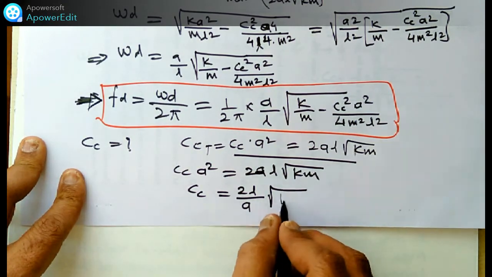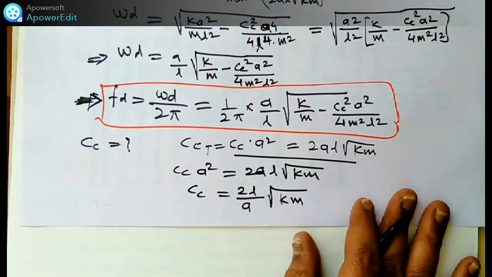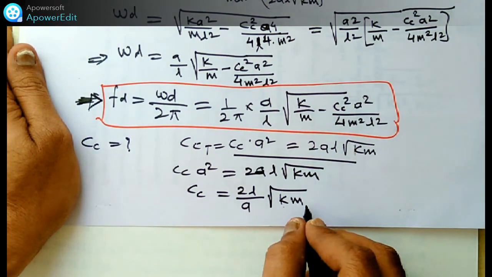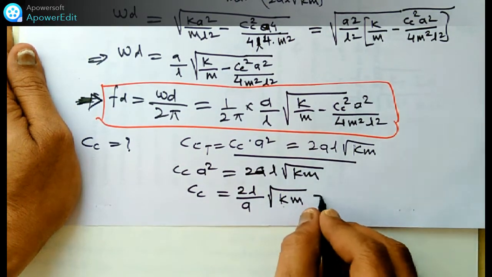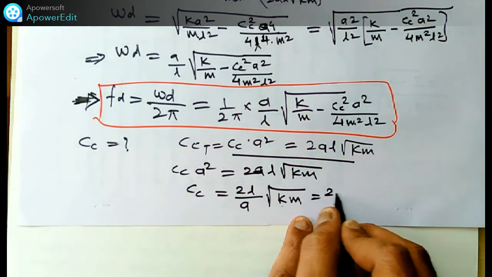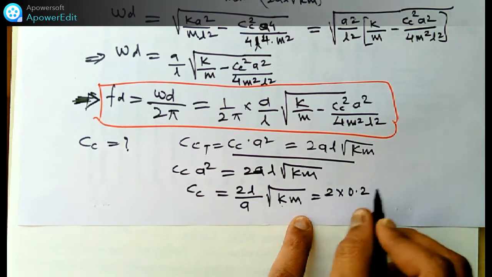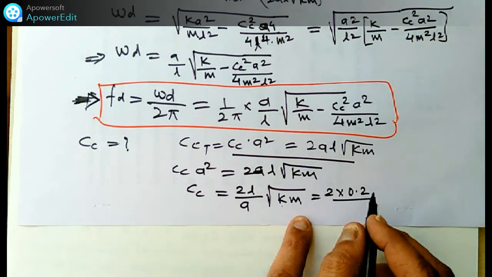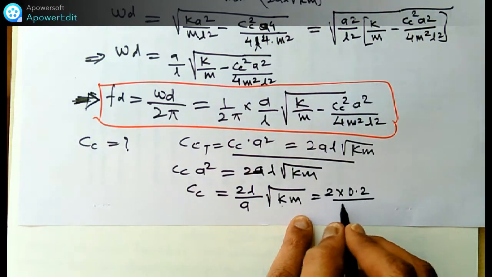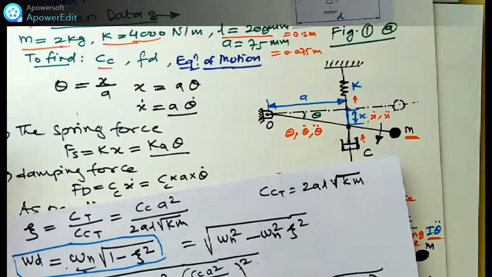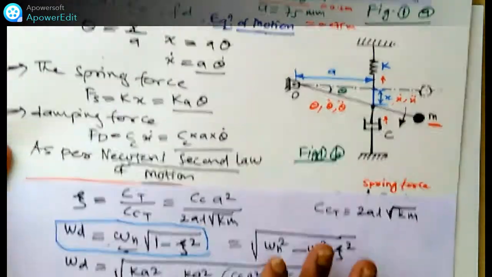I will put all the values in this equation: 2 into 0.2, as the 0.2 meter length is given in the starting, and the value of a is 0.075. We have written it here already in the given data: L is 200, that is 0.2 meter, and 0.075, that is 75, this distance a. L is also given to you.